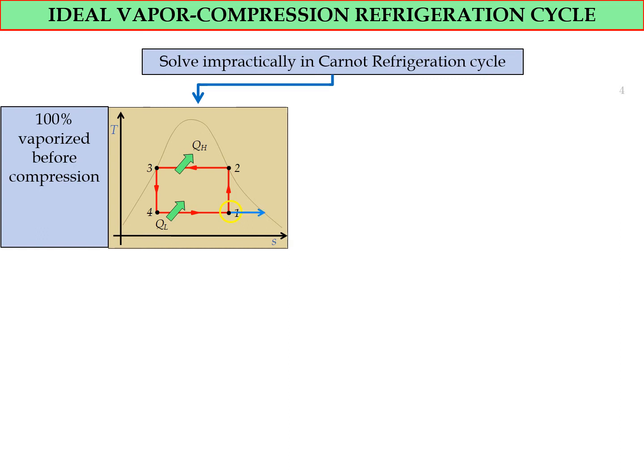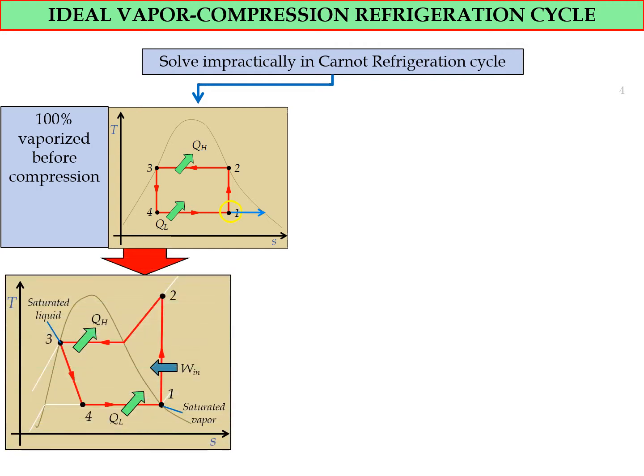We completely vaporize it into the saturated vapor line there, and the TS diagram changes into the TS diagram you can see at the bottom left-hand side of your slide. So we completely vaporize state 1 into the saturated vapor line before it goes into the compressor.